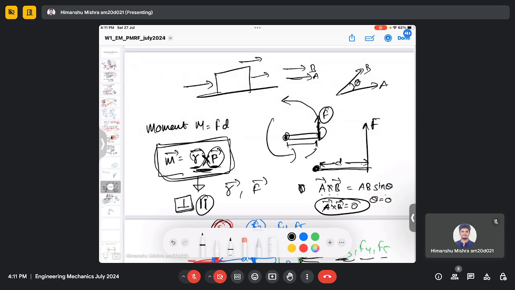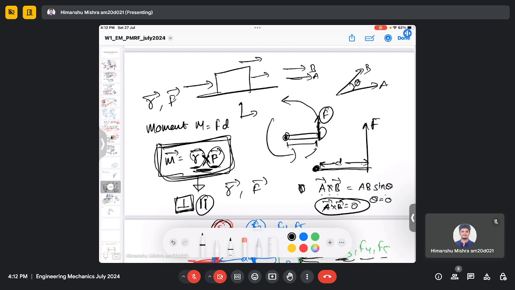So in the case when you cannot figure out your perpendicular distance, you don't need to worry. You just use the whole position vector and the complete force vector, and you take the cross product of it. By taking the cross product, you are already getting the perpendicular component, because the cross product works only when two vectors are not in a parallel direction.